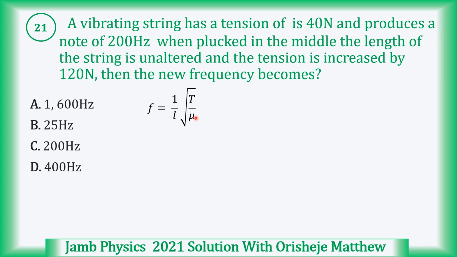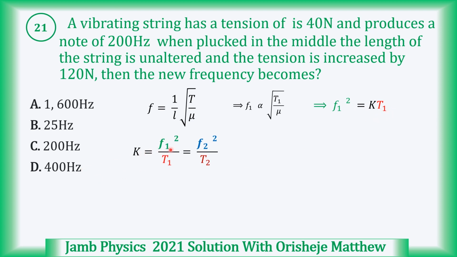Okay, so that is a measure of the thickness. So quickly from that, we know that the frequency is directly proportional to the square root of tension. So if you remove the sign of proportionality, introduce a constant, F squared is equal to KT.